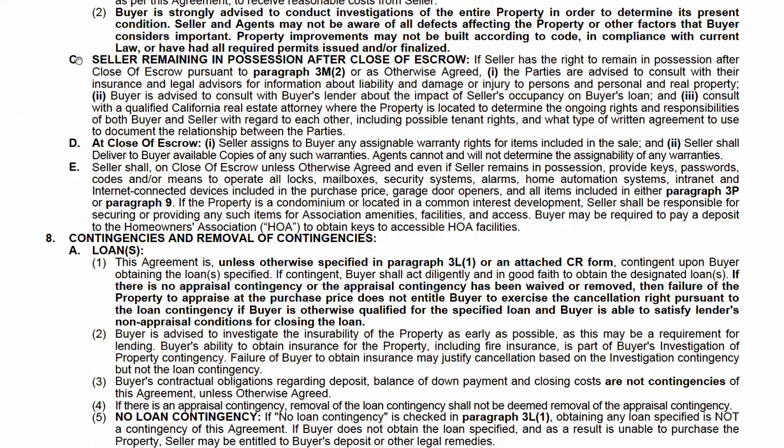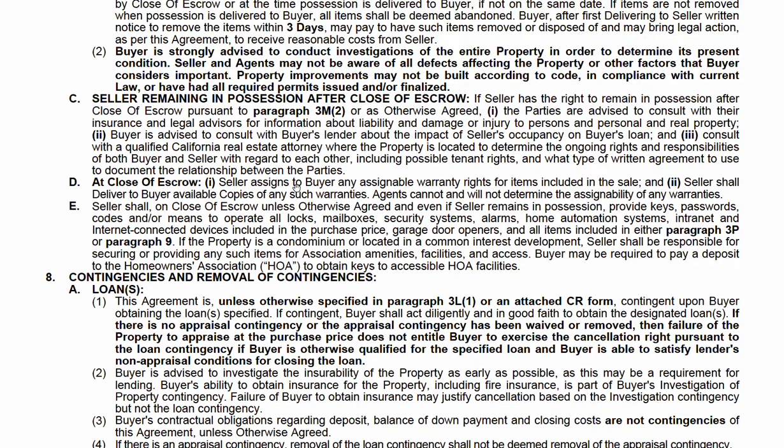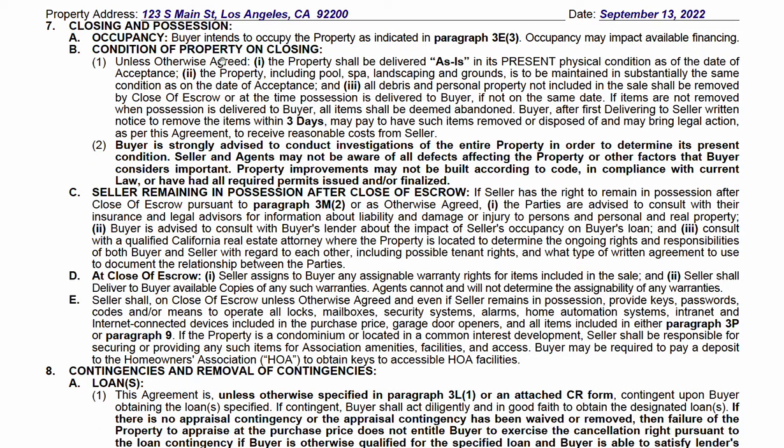I mean, there's a whole section here. Seller remaining in possession after close of escrow, condition of property on closing, because maybe you did a final walkthrough and the place is a complete mess, and you go, wait, what recourse do I have to make the seller responsible for the property condition? Well, here it is.